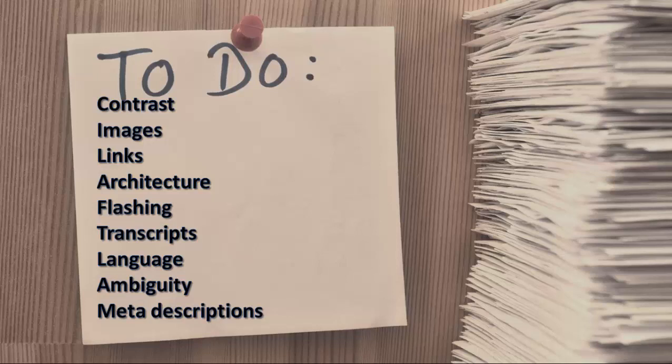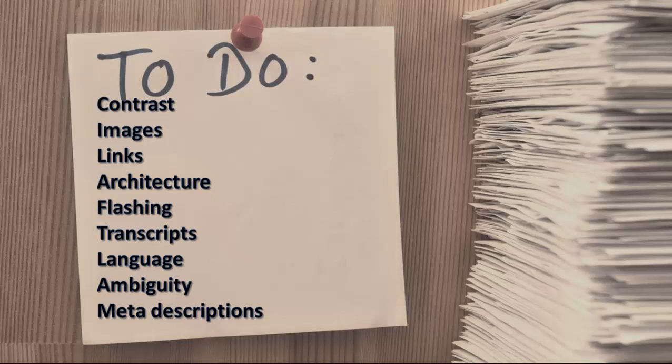Now, this is particularly good for people with visual disabilities, and it needs to be quite descriptive, not just your keywords. Links. Now, links are an interesting thing. Make sure they stand out, that it's clear that they're a link. So that means you need to take underlines off things that aren't links and only use underlines for links.